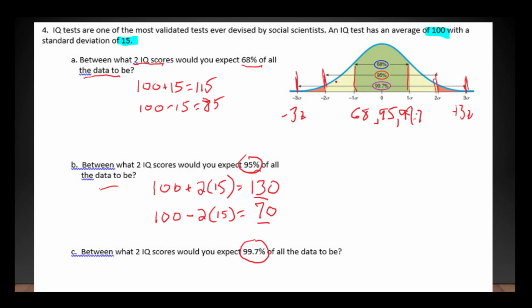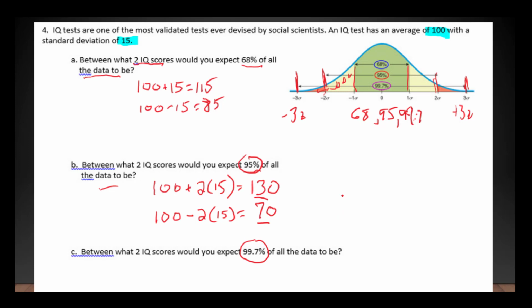The little area, little square things, the area under the curve represents the data. So 99.7% of the area falls between -3 and +3 standard deviations. Likewise, 99.7% of the data falls between -3 standard deviations and +3 standard deviations.